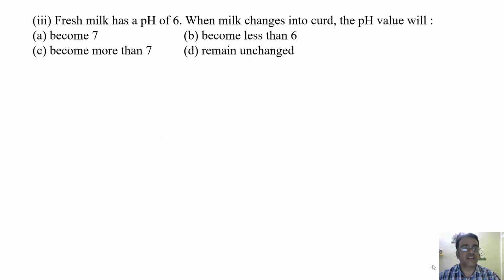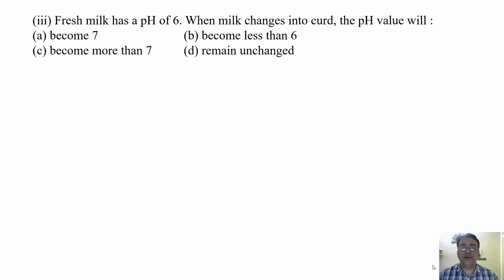Let us move towards the third question. Fresh milk has a pH of 6. When milk changes into curd, the pH value will become 7, become less than 6, become more than 7, or remain unchanged. तो जब मिल्क जो है वो कर्ड में चेंज हो जाता है तो उसमें थोड़ी एसिडिटी आ जाती है, राइट?